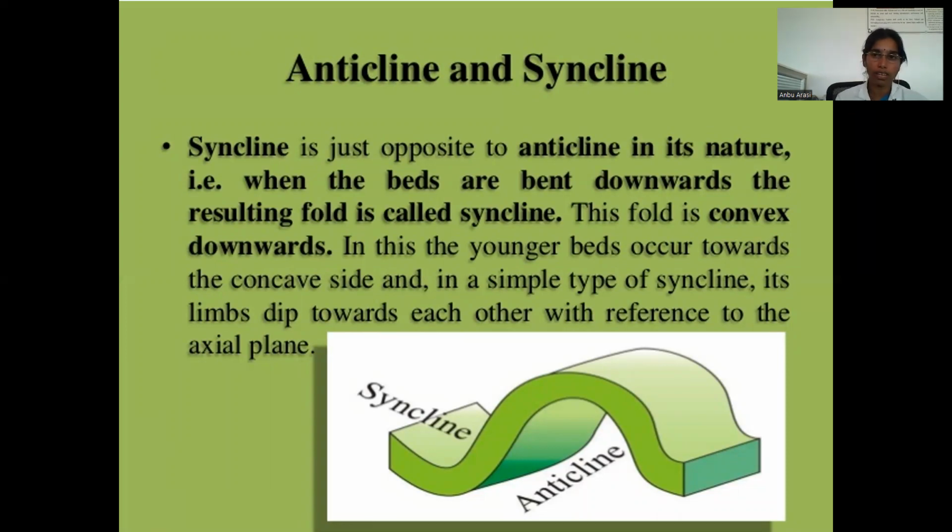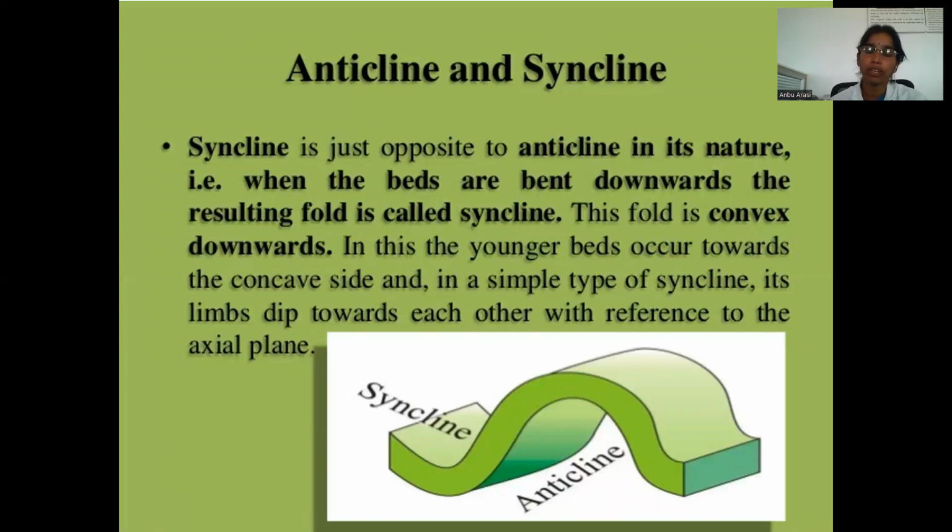Syncline. Syncline is a fold which is convex downwards. The limbs of the fold are dipping towards each other. Progressively, younger beds occur towards the center of curvature of the fold. Syncline is just opposite to anticline in its nature.